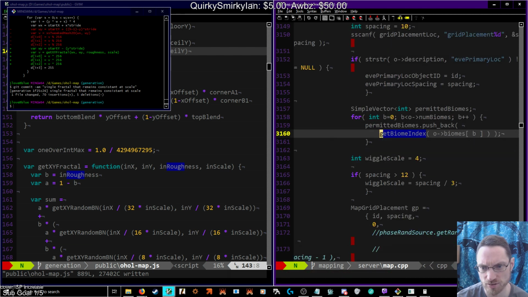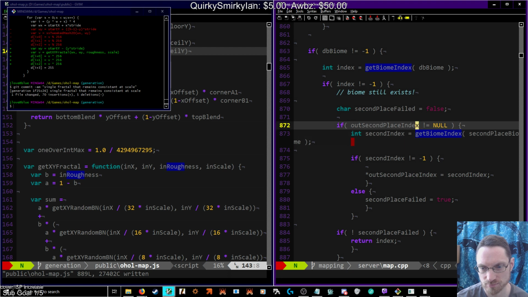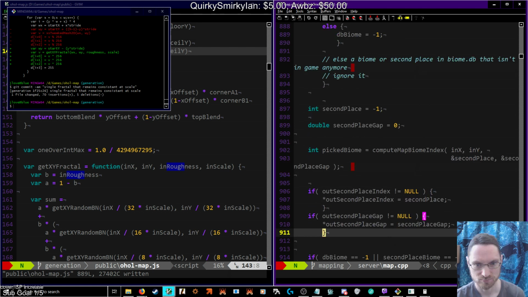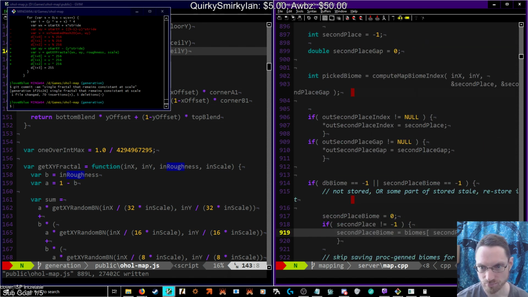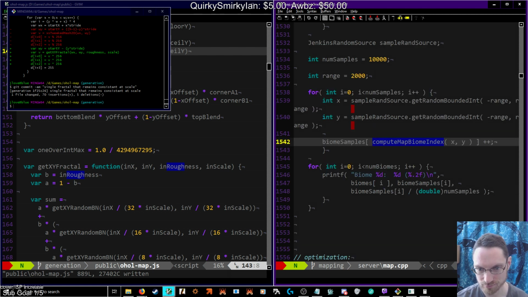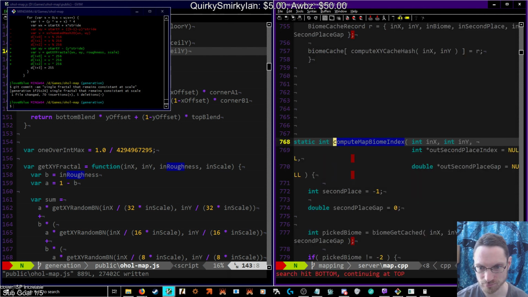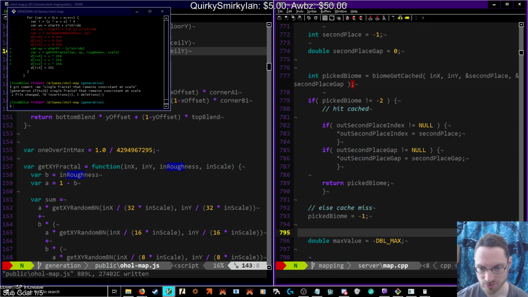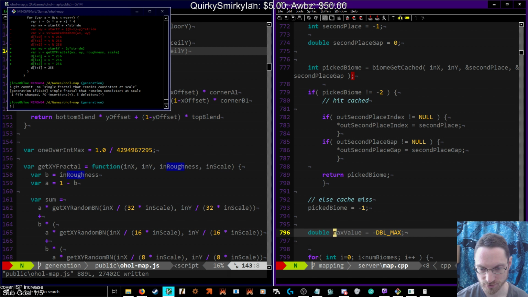Oh no, that's the other function. DB biome, that's DB biome. Yeah, compute map biome index. So plus there's all this logic. So there's caching stuff.